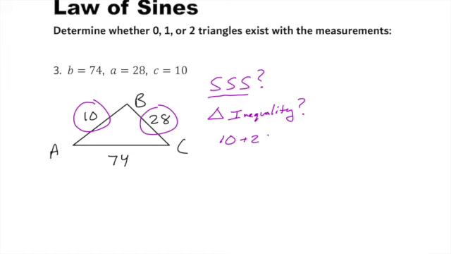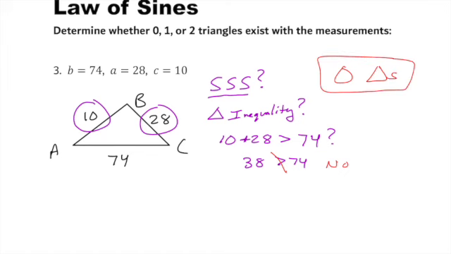If I add those together, 10 plus 28, are they greater than the third side of 74? And they are not. It's not even close. And I used an exaggerated kind of measurement here. So that would be a no, and that means there's 0 triangles possible with these measurements here.